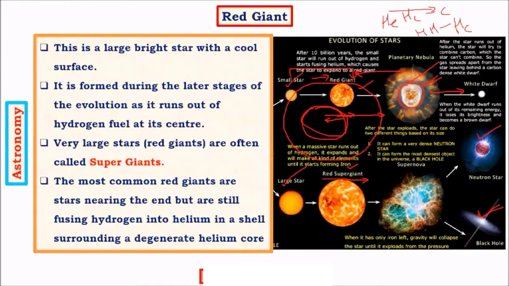But after the total exhaustion of energy, the white dwarf will move to a stage called black dwarf. At this stage, the star completely loses its luminosity. It's not a brown dwarf, it is a black dwarf. So in the other case, we have seen it will be a neutron star or a black hole.